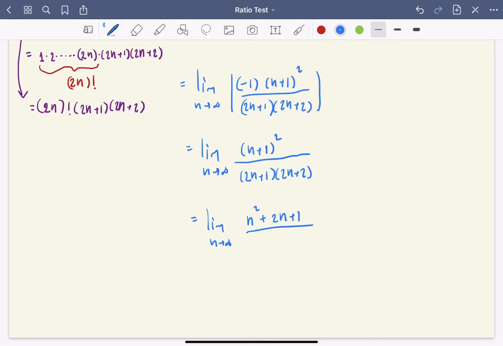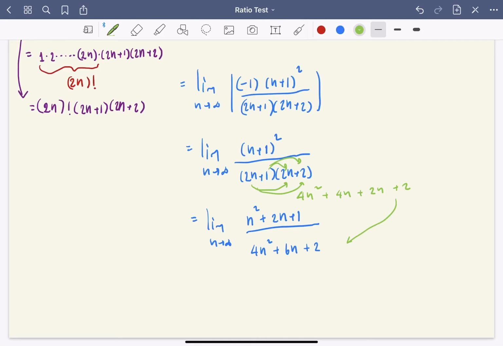Divided by the denominator, we distribute them all. So we have 4n squared plus 6n plus 2. Just in case you don't see, this is 4n squared, this times this plus 4n, this times this plus 2n, this times this plus 2. That's how we get this one.